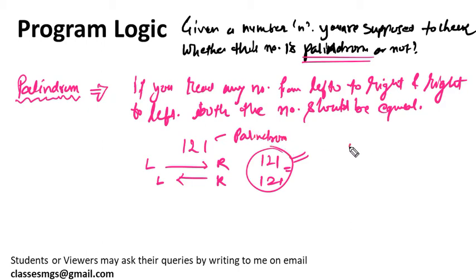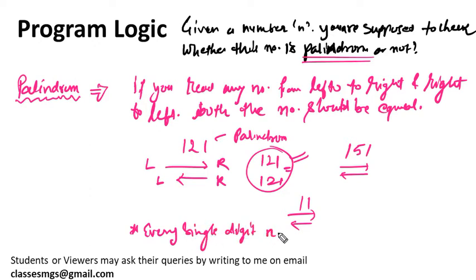Some examples: 131, 151. This is also the same left to right and right to left. Every single digit number is a palindrome number, because if you read a single digit from left to right or right to left, both are the same.